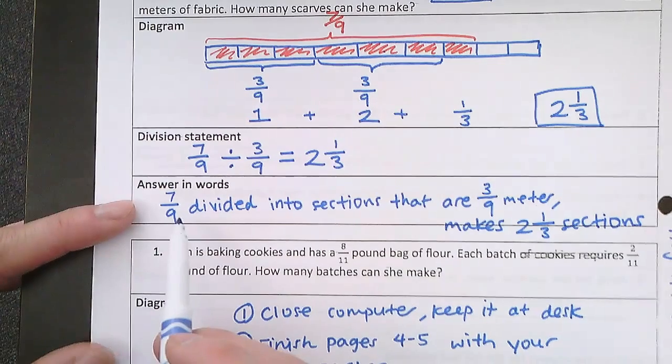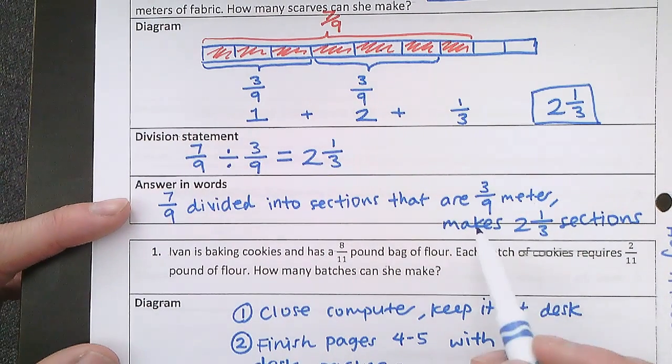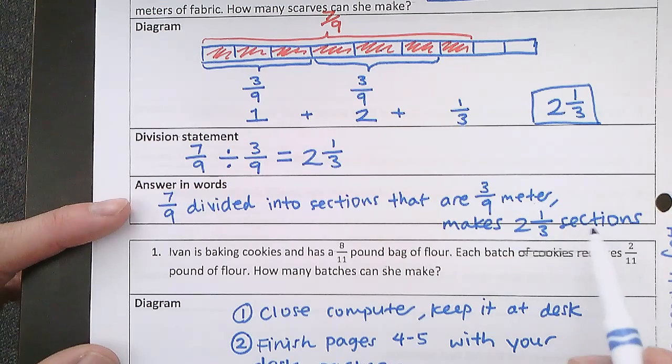So 7/9 divided into sections that are each 3/9 of a meter makes 2 1/3 sections.